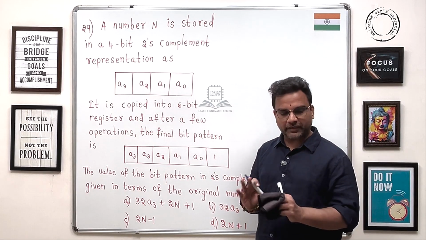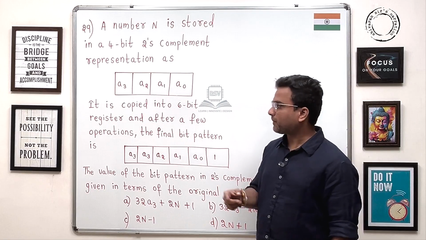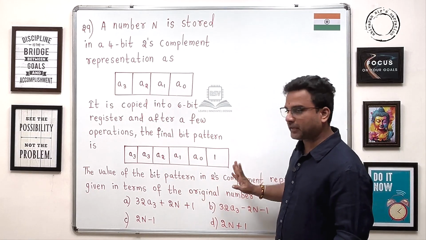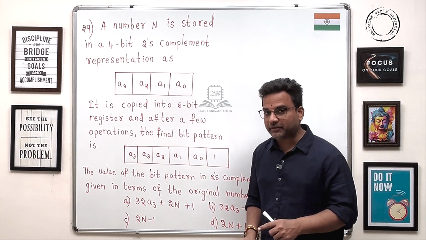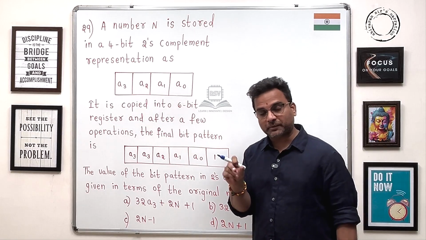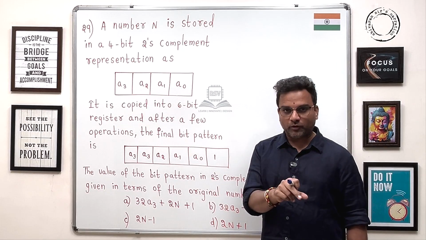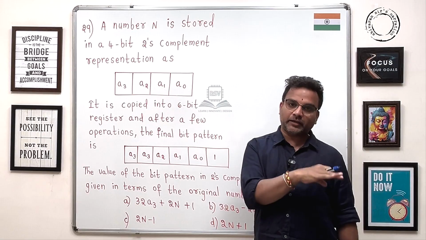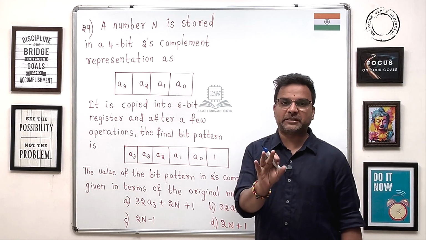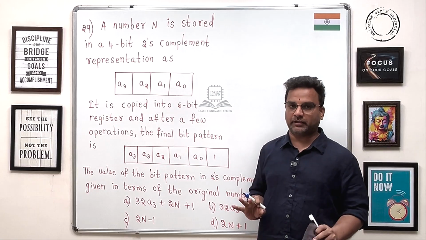Guys, here it's very simple. A 4-bit pattern is converted into a 6-bit pattern. From the previous example, what we understand is that a number in 2's complement representation in 4 bits can be extended into 8 bits by simply copying the MSB. That's what we learned.